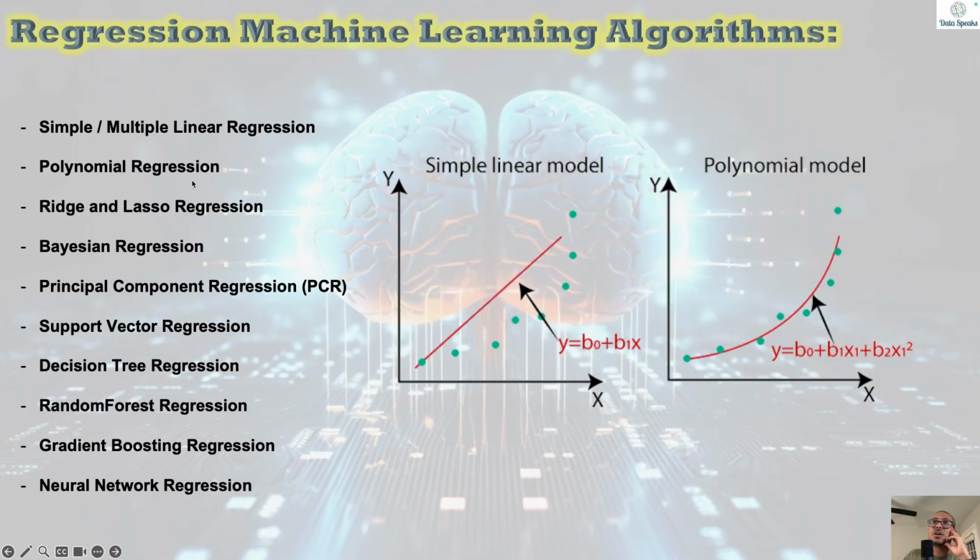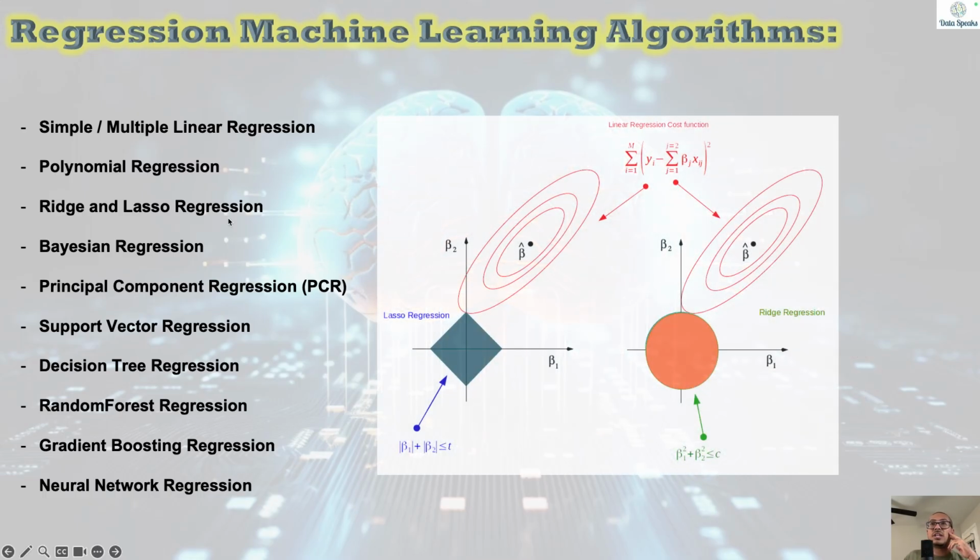Polynomial regression is another very powerful one, when we have a non-linear relationship between the independent variable or training features and the target variable. Ridge and lasso regression are used to penalize the weights when we have the overfitting problem.